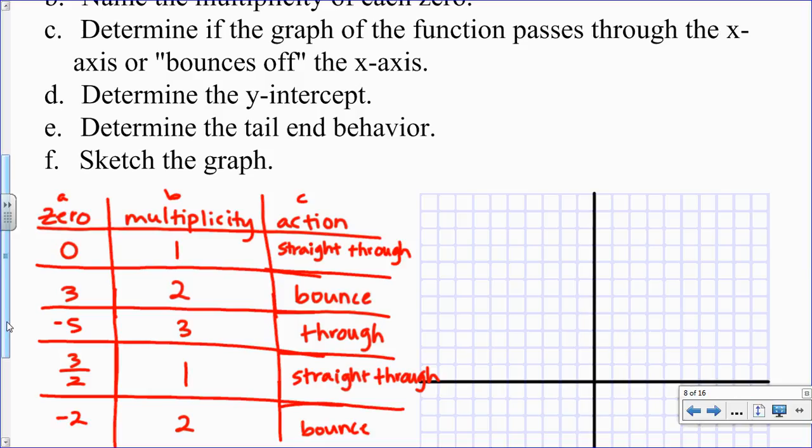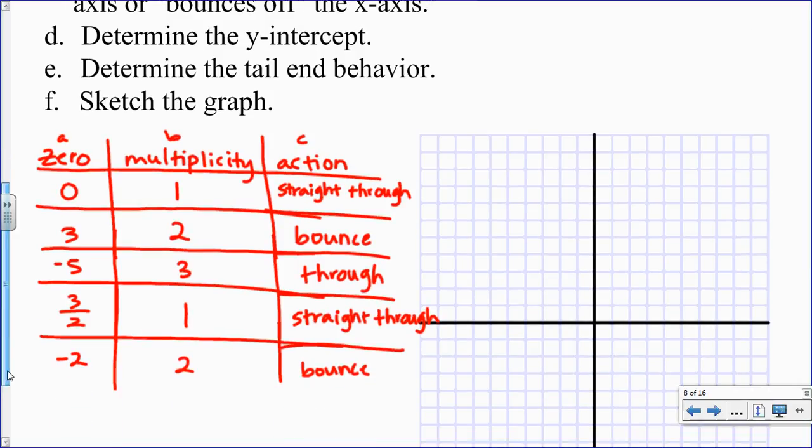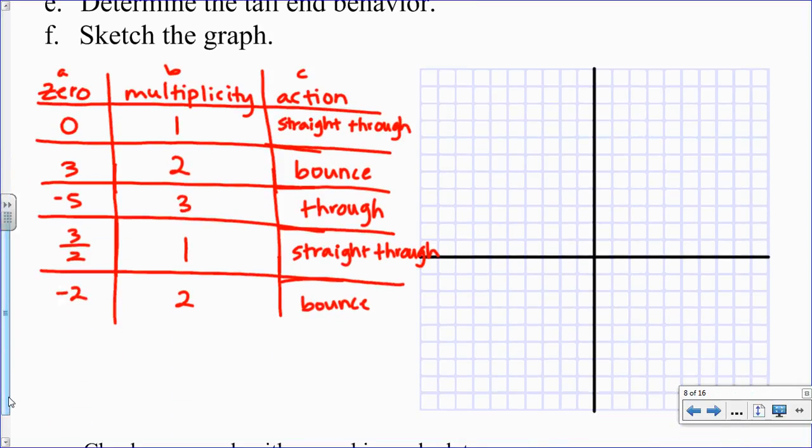So there was part A, B, and C. D says determine the y-intercept. So for y-intercept, you have to work this out a little bit because that's when you plug in 0 for x.